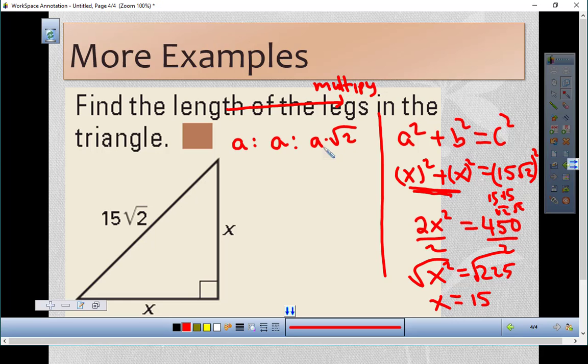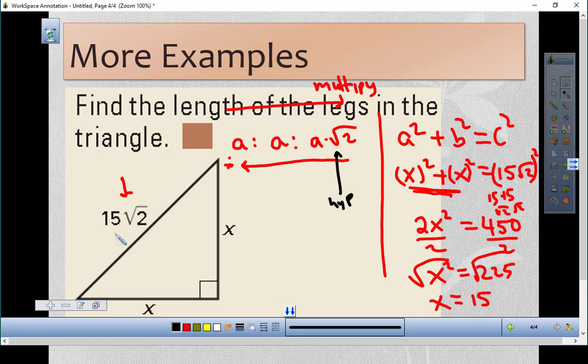If you go this direction, you're going to end up dividing. So which of the 3 numbers do we have this time? We have this number, right? It's the hypotenuse, right? Pay attention so you get this. That's this one right here. This is your hypotenuse.